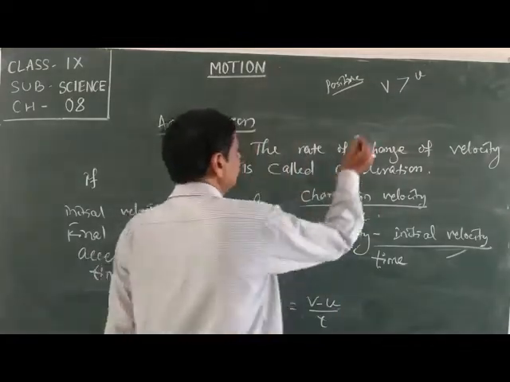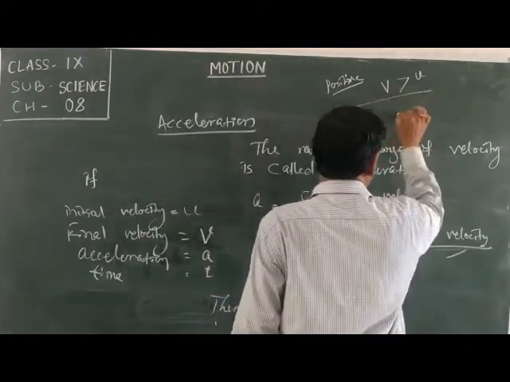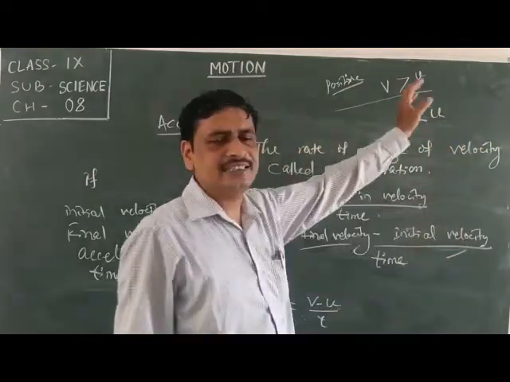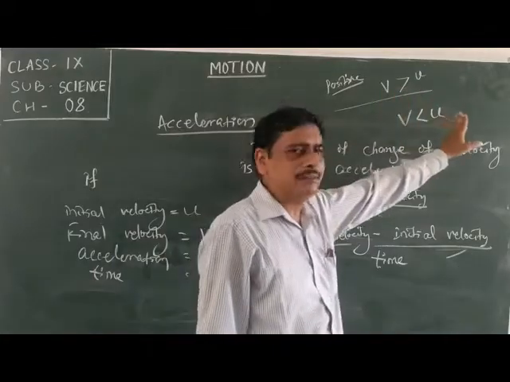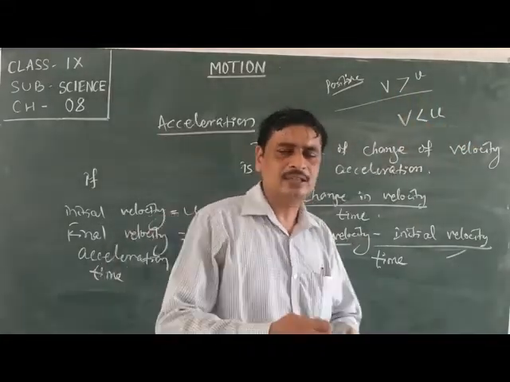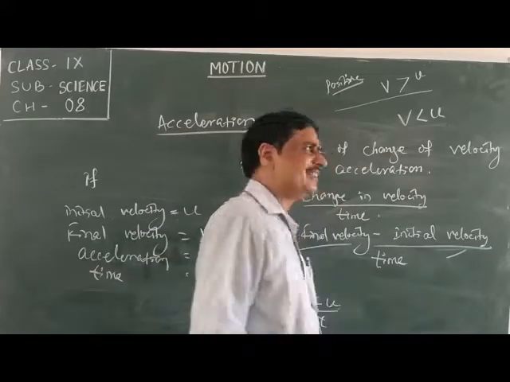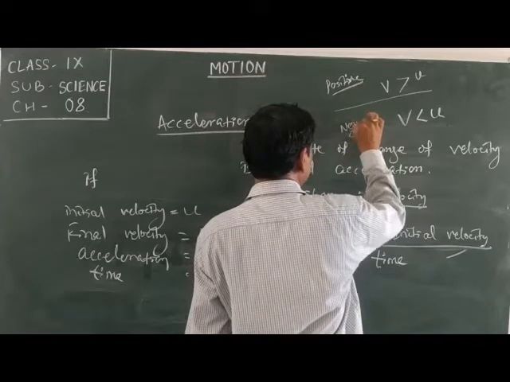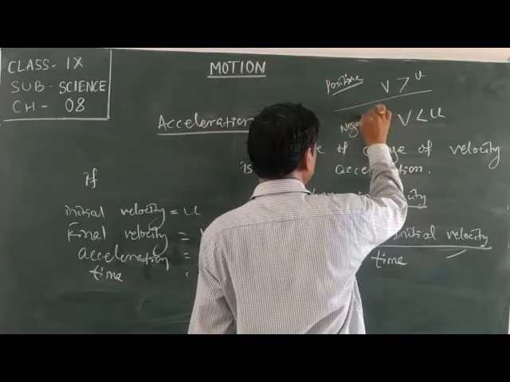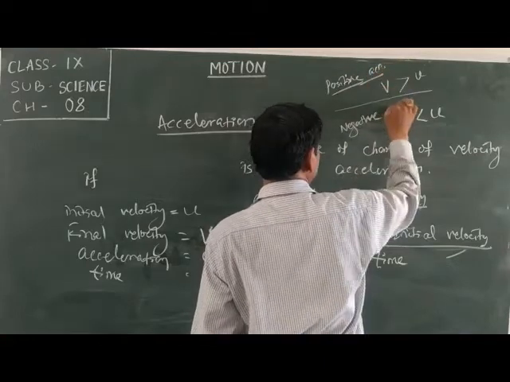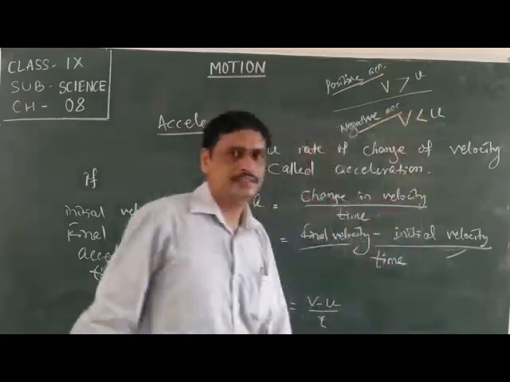If v is less than u, that means initial velocity is more and final velocity is less. When the velocity of the body decreases, then in that case acceleration becomes negative. Here it is positive acceleration, it is negative acceleration.